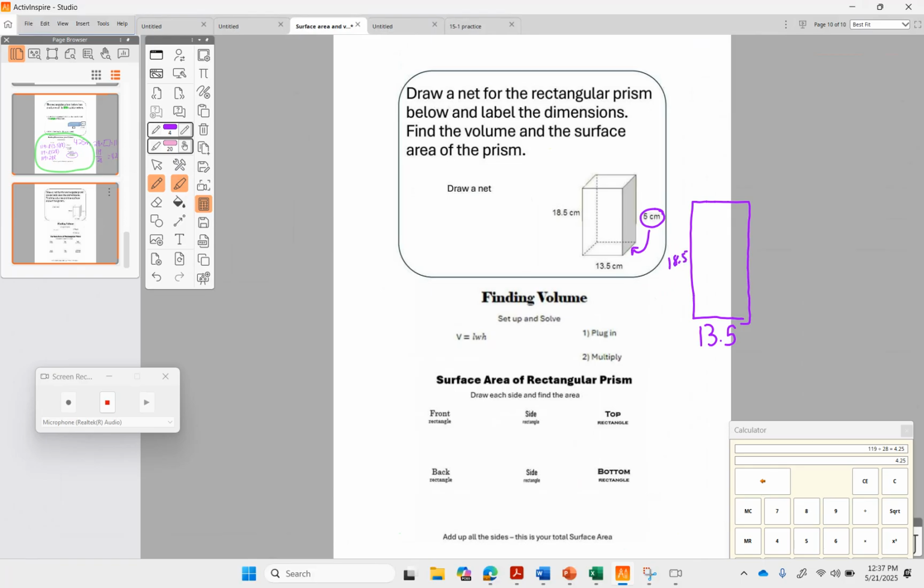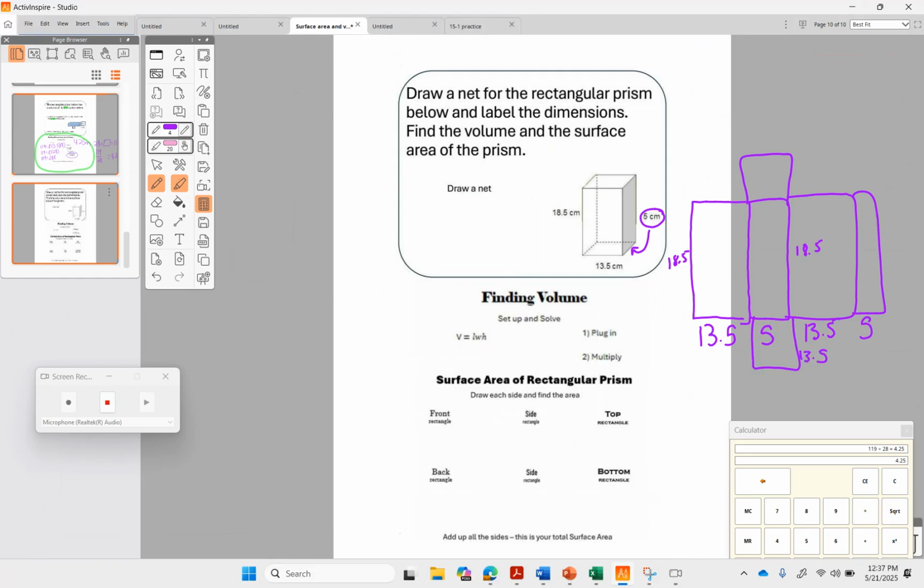And then the next side is 5 by 18.5. And then the next side matches the first one. And off of one of these, the top and the bottom, I would just do it here. That's 5 by 13.5. So that's your net.